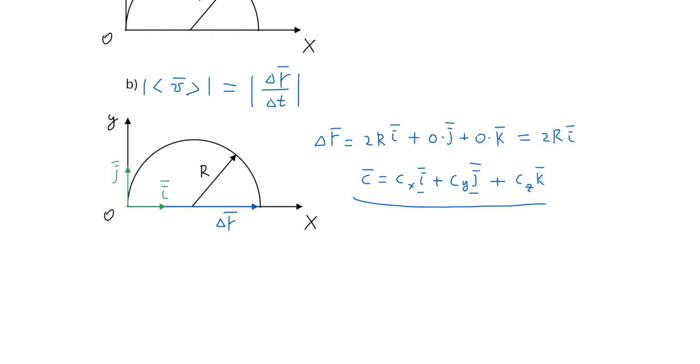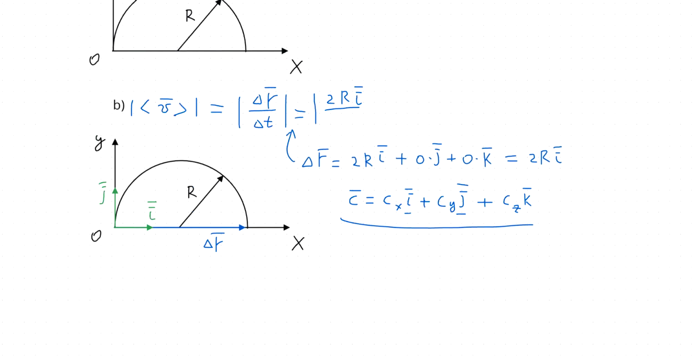If it is good, let's substitute this in our formula. So we have 2r i divided by, and what can we write instead of delta t?